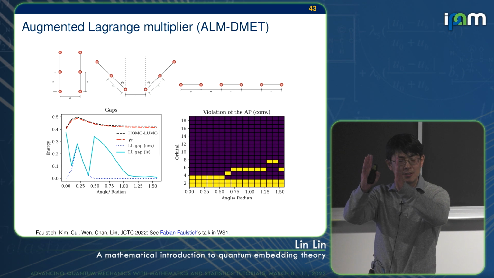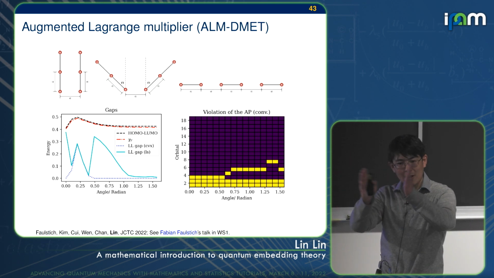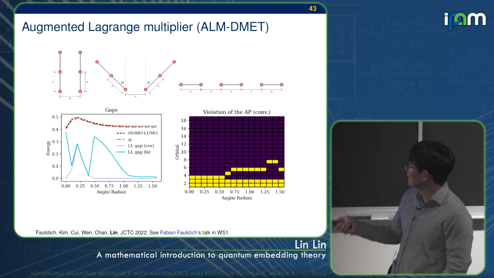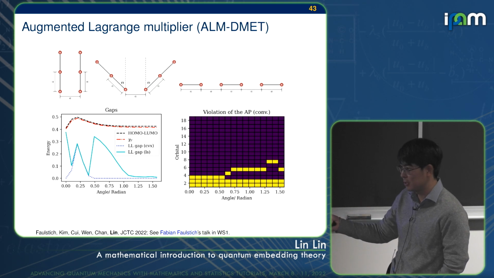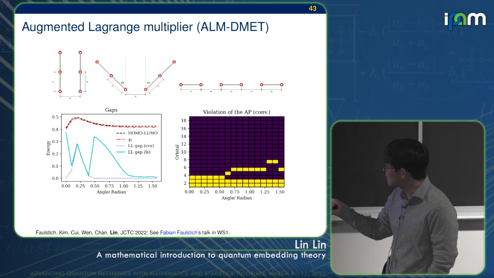I have some hydrogens. I just gradually open them. And the coupled cluster and the MP2 energy, their curve is very smooth. But in some places, DMET, assuming the Aufbau principle, will yield a gapless problem. And it will get inexact matching. And the reason is because the exact one violates the Aufbau principle.